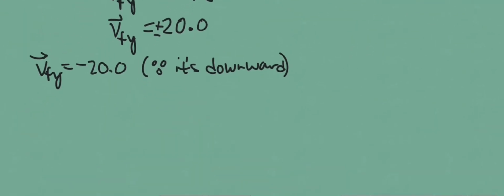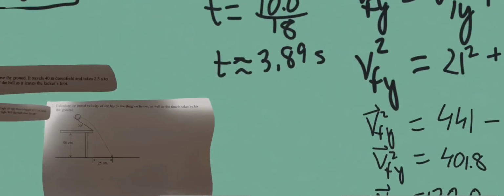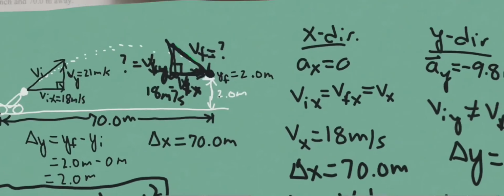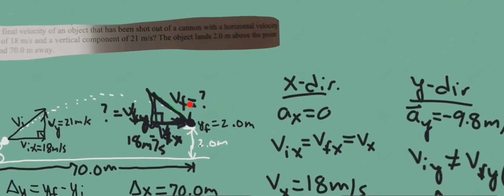All right, so getting back to this, we're going to use the negative 20. And now we need to find that VF. So now we can just use Pythagorean theorem to find the VF there. So it's going to be the square root of 18 squared plus what we found.